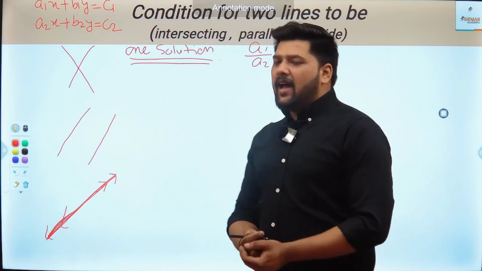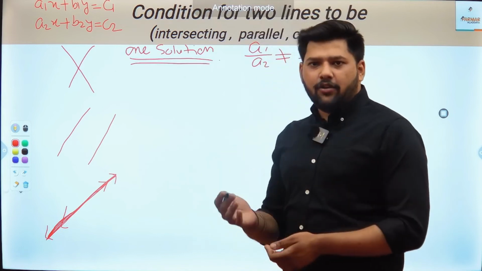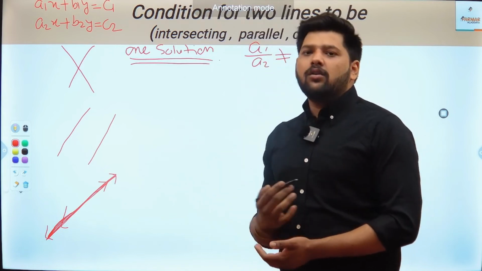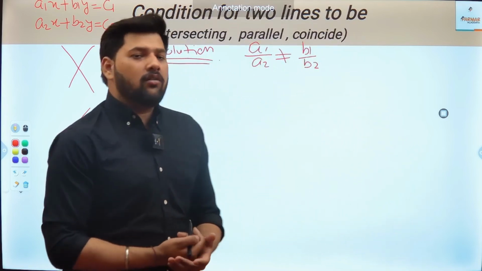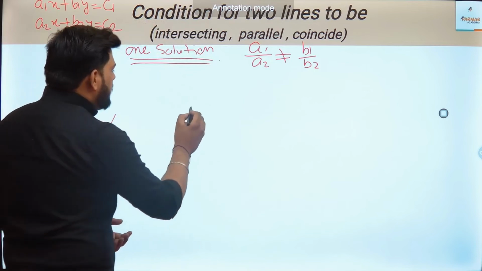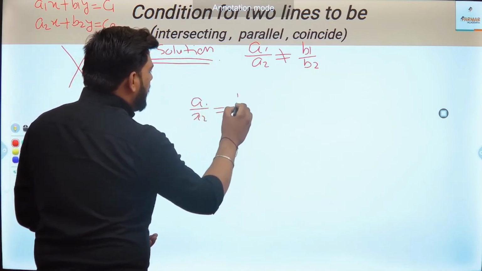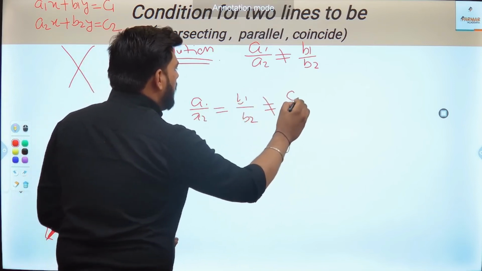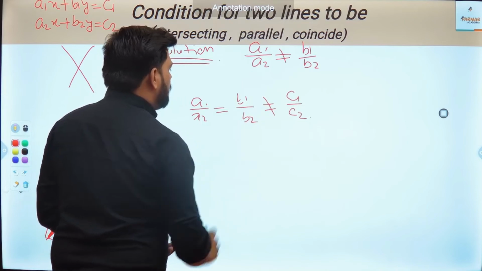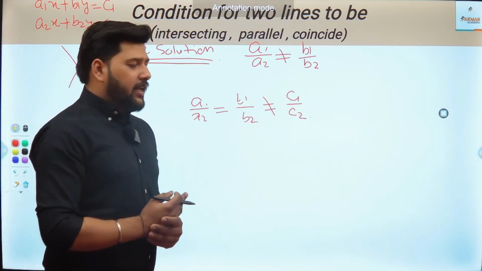For parallel lines, the condition is that the ratio of coefficients of x is equal to the ratio of coefficients of y, but not equal to the ratio of the constant terms. So the condition is a1 upon a2 is equal to b1 upon b2, but not equal to c1 upon c2. The first 2 ratios are equal, but not equal to the third ratio.